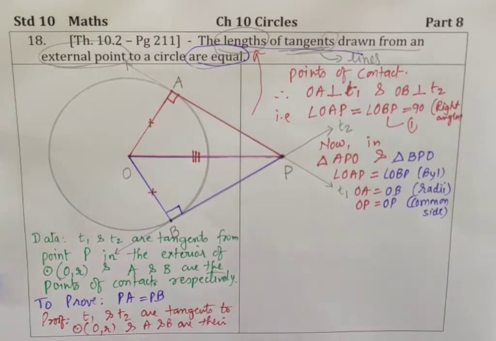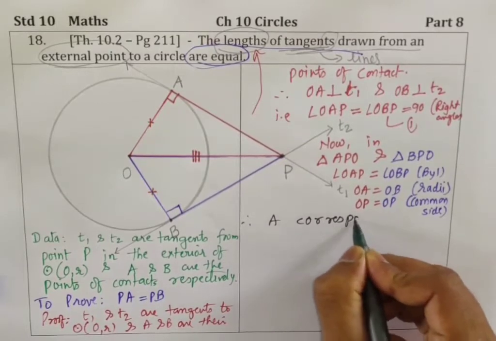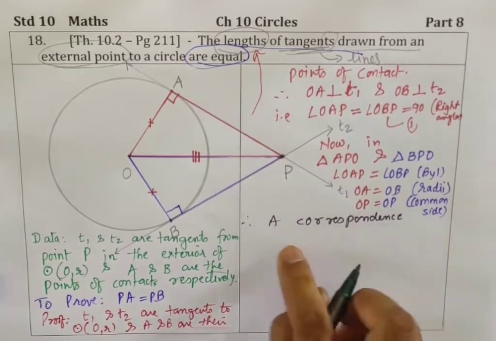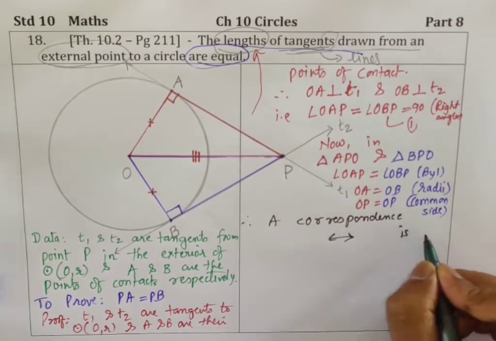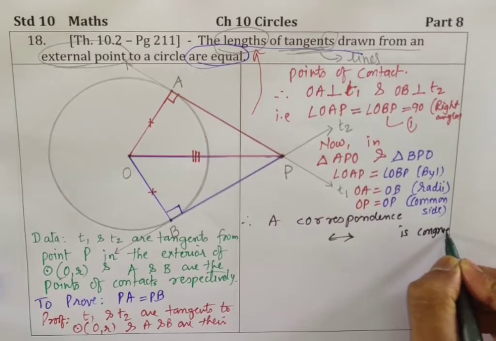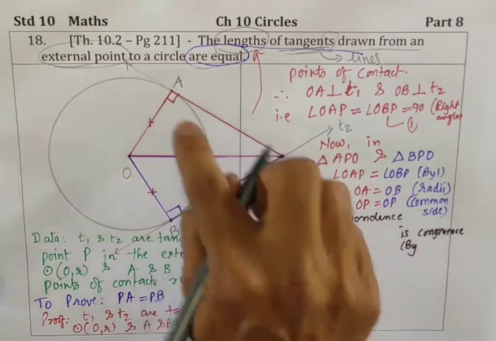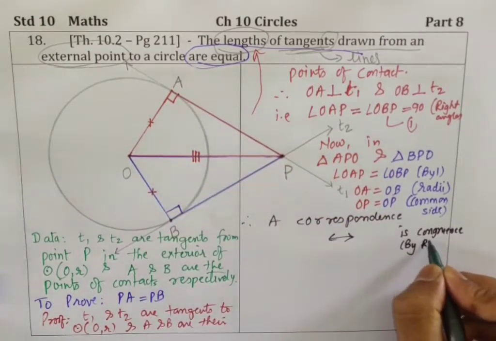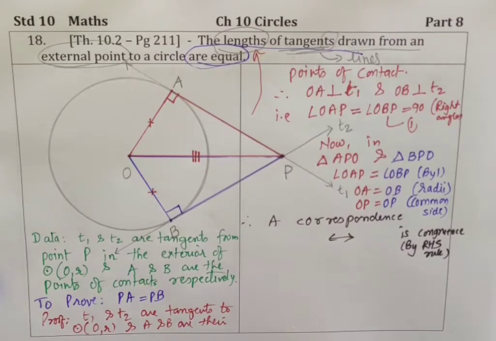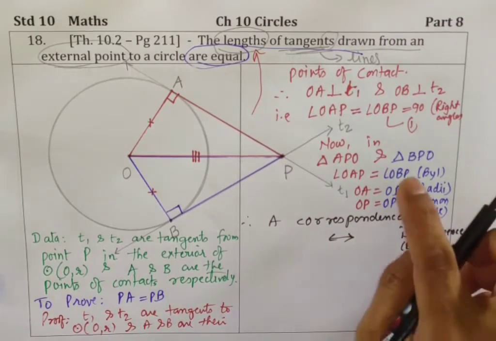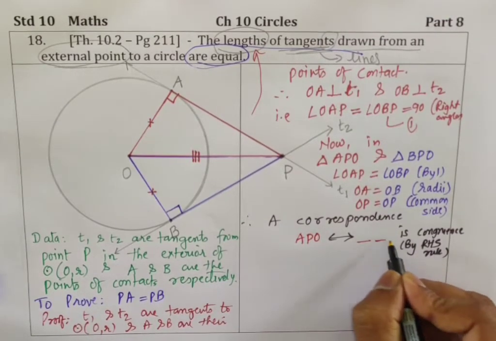Therefore, red triangle corresponds to blue triangle is congruent. By which condition, children? By right angle hypotenuse side, by RHS rule. ठीक है? All right. रेड का मैं लिख दूं या APO ही लिख दूं, APO dash dash dash.